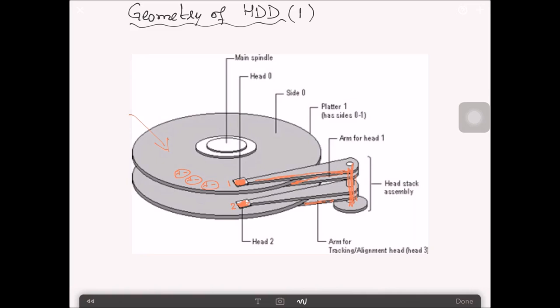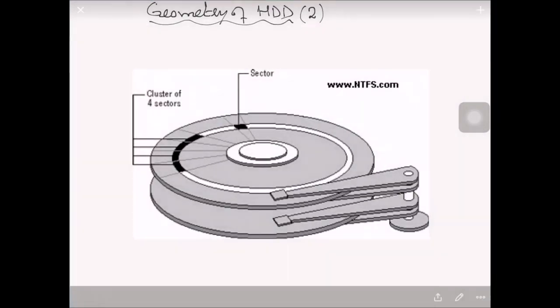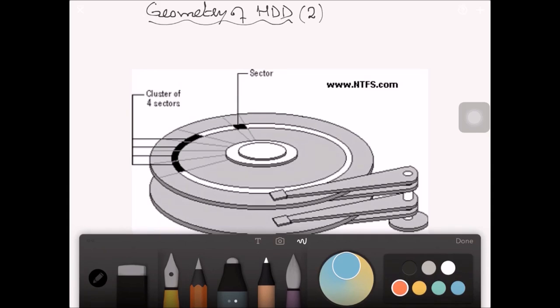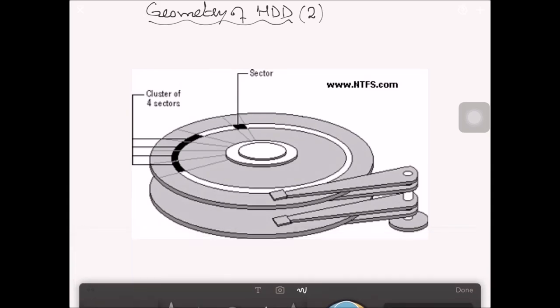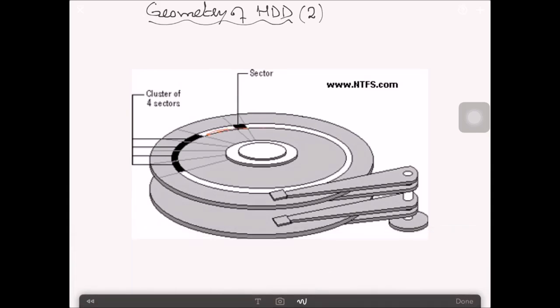Let me talk about the tracks as well. There are concentric rings that exist on both sides of the platters. You can see, this is a ring which we are calling a track.